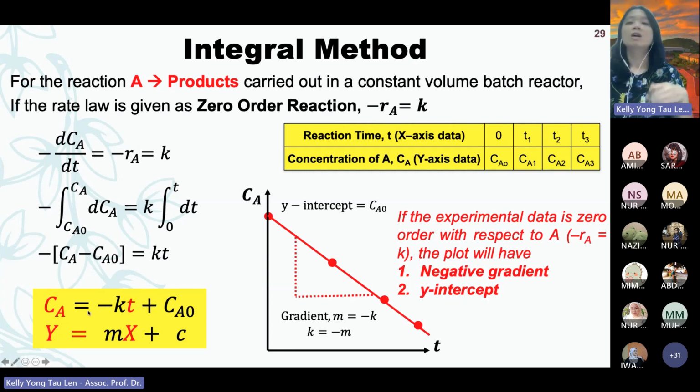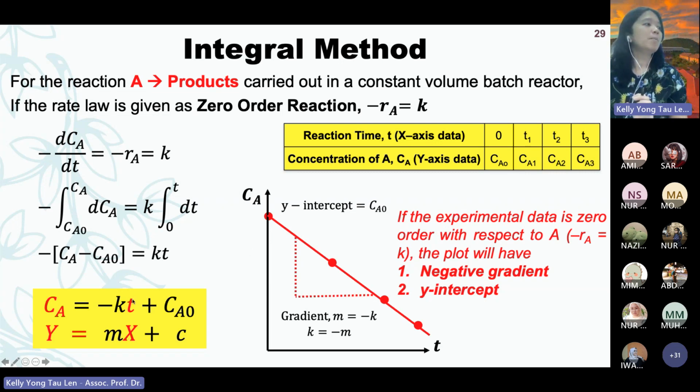So from this equation, again, we want to plot a graph where we will have a straight line. To get a straight line plot, the equation must be based on y equals mx plus c. So you can see that my concentration of A will become my y-axis data, so my y is my CA data.